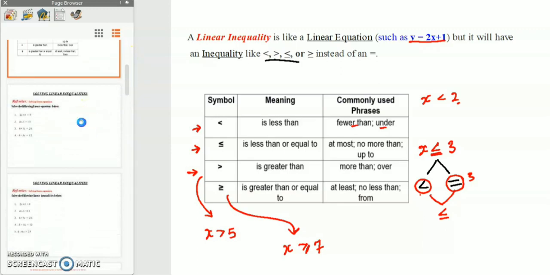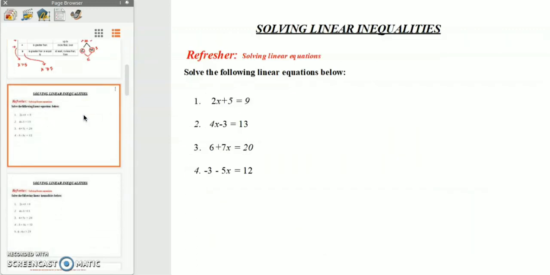Alright, let's look at how to solve linear inequalities. But before we jump into that, let's do a little refresher and move back to when we used to solve linear equations. Remember, previously we said that linear inequalities and linear equations are similar.